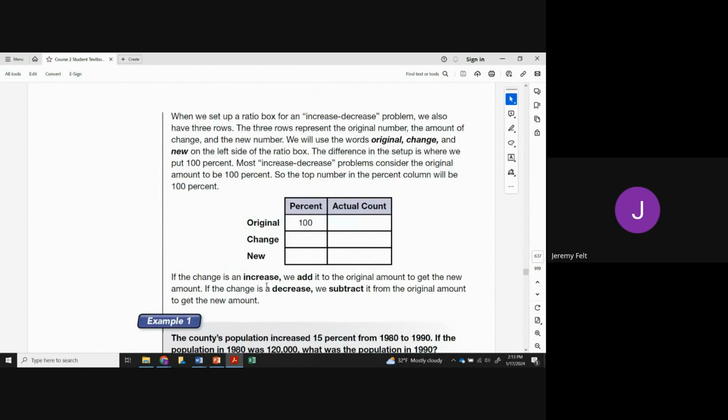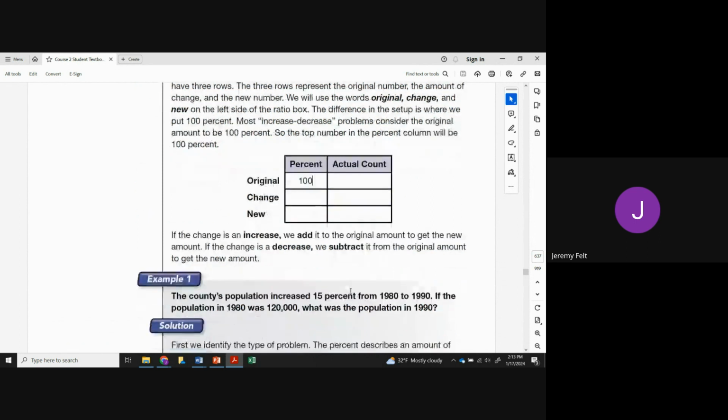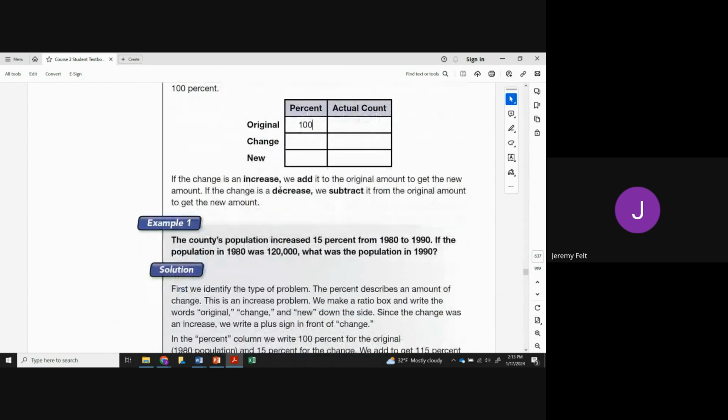We may have situations where we start with the original at 100% and we have a change. So the dress was marked down 20%. It started at 100%, it was minus 20, so the new is 80%. So we have original, change, new, percent, and our actual count. Again, change can be up or down.